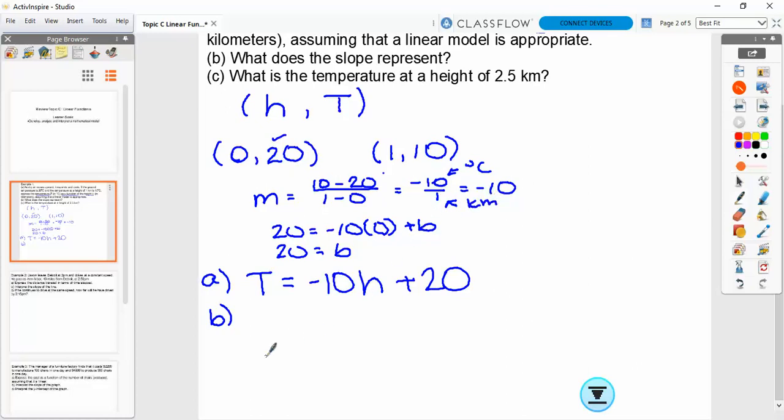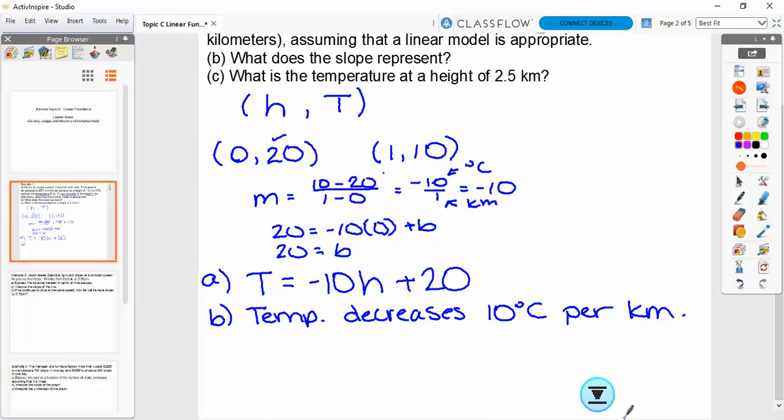Why is it a negative? What does that mean? So I could say the temperature decreases 10 degrees Celsius per 1 kilometer. So for every kilometer you go up, the temperature drops 10 degrees.